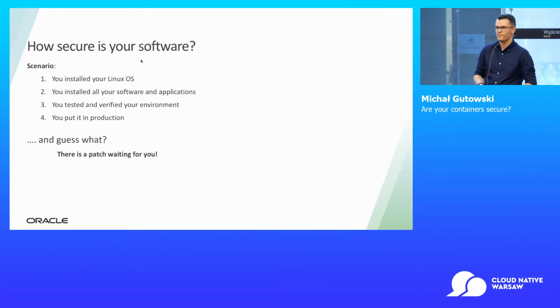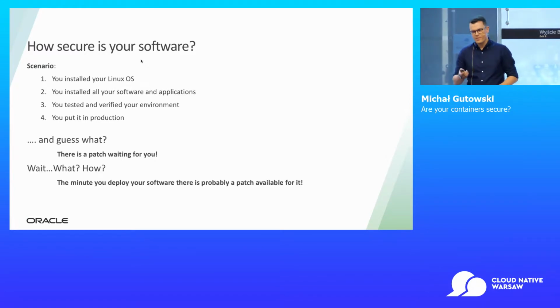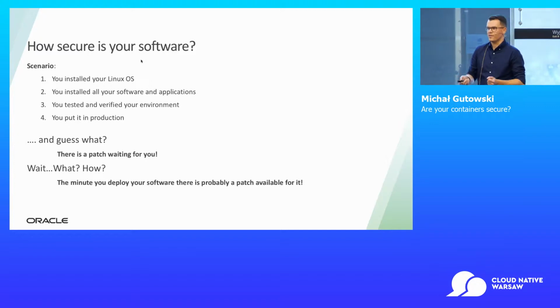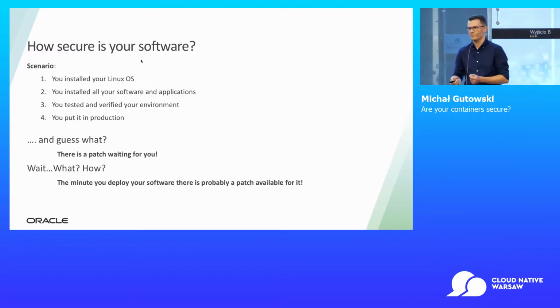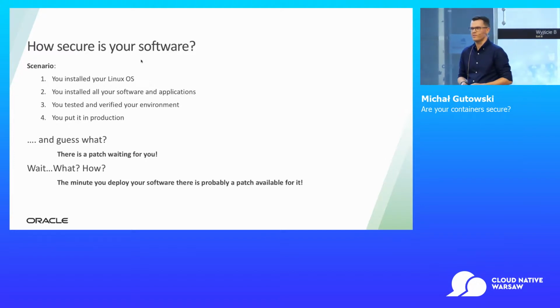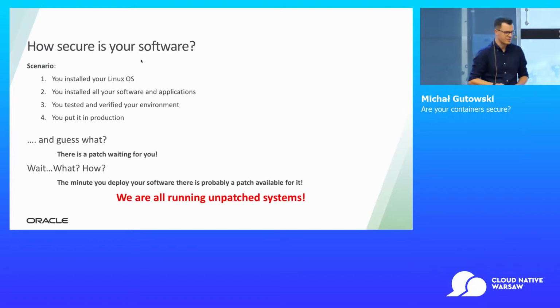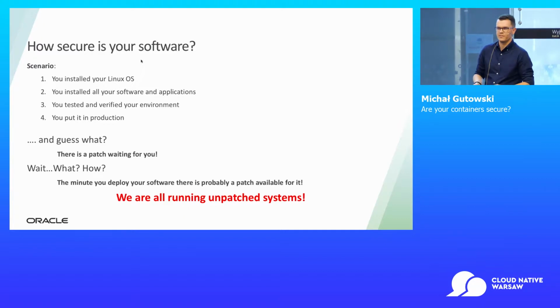There's a patch waiting for you, right? I'm saying that the minute you deploy something in production, there is probably a patch available for it already. And you need to somehow get to the state where you patch your application and your system. So pretty much we can say that we are all currently running unpatched systems.